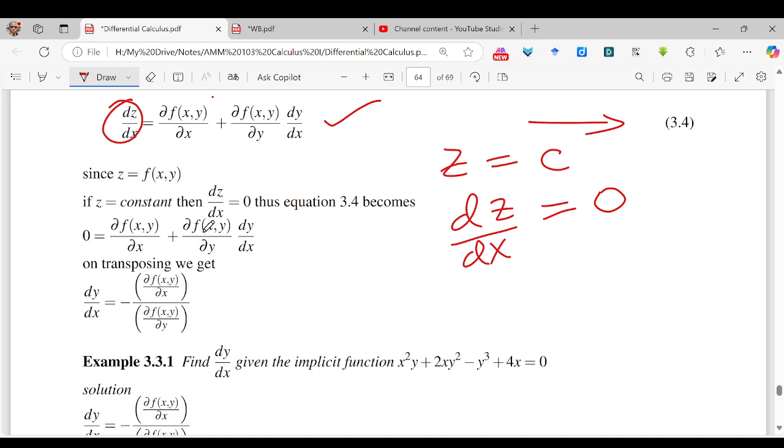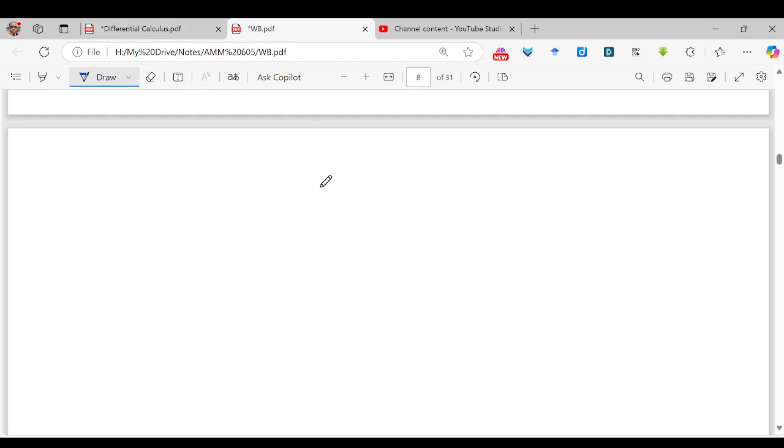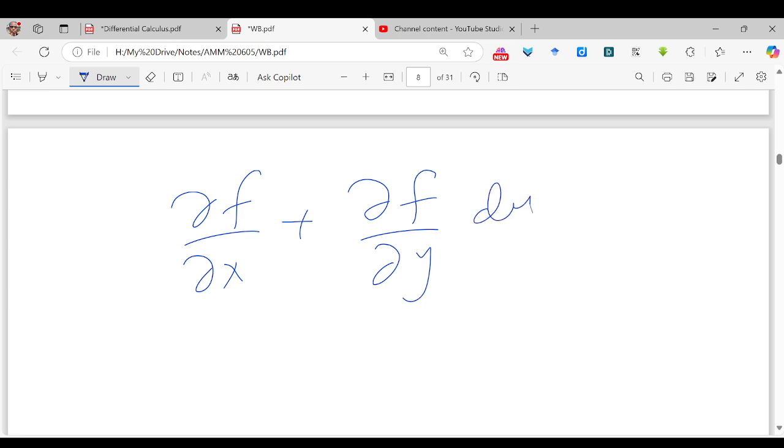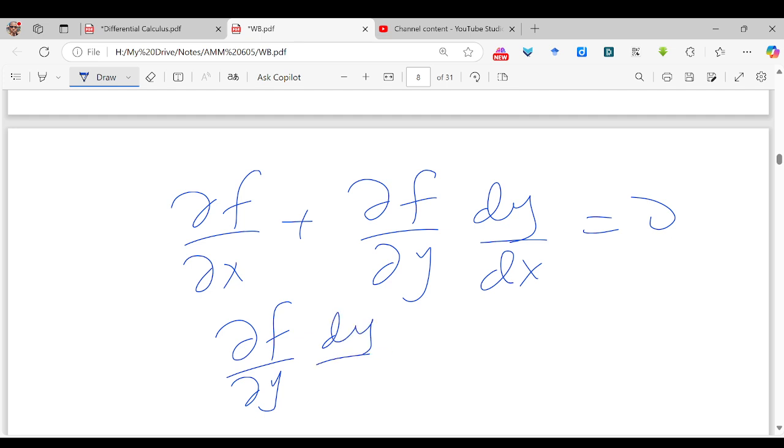From this, the partial derivative of f with respect to y times dy/dx is equal to minus the partial derivative of f with respect to x.